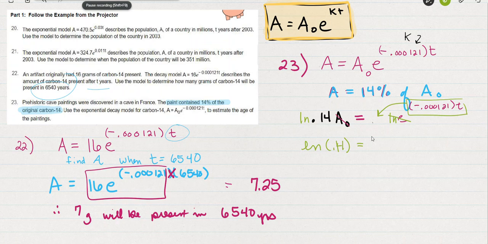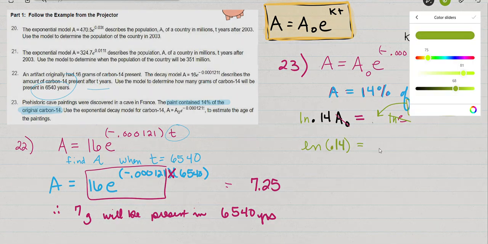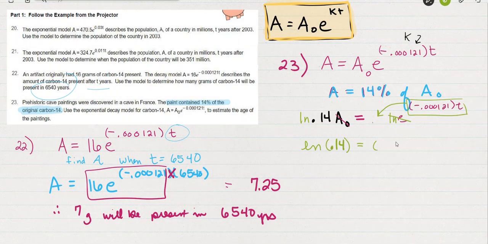And I've got the natural log of 0.14 is going to be equivalent to the exponent negative 0.000121 times t. So to solve for t, I'll simply divide both sides by negative 0.000121. And that'll give me t.